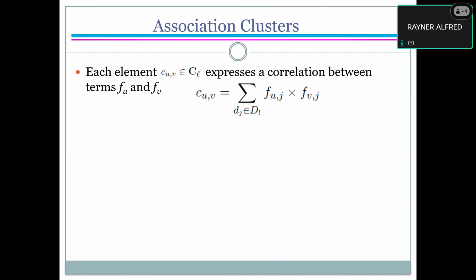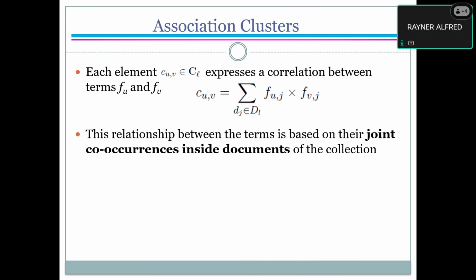The value that we have here expresses the correlation between term U and V. This relationship between the terms is based on joint co-occurrence inside documents. So if we type computer, based on this analysis, we always come up with computer science or computer engineering. Those are the words that we use to expand.